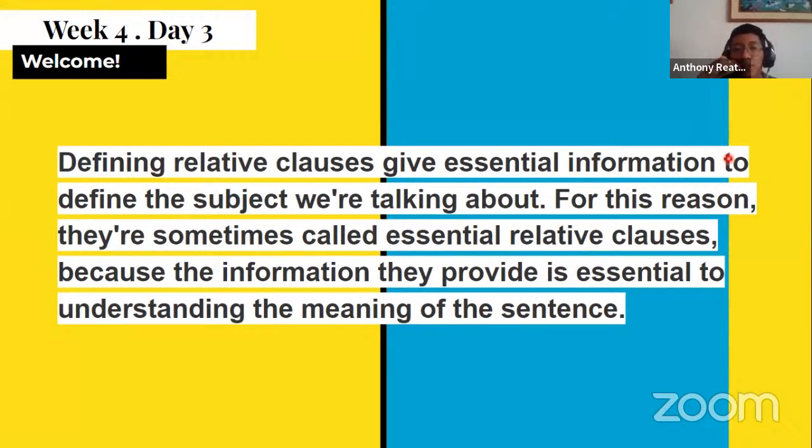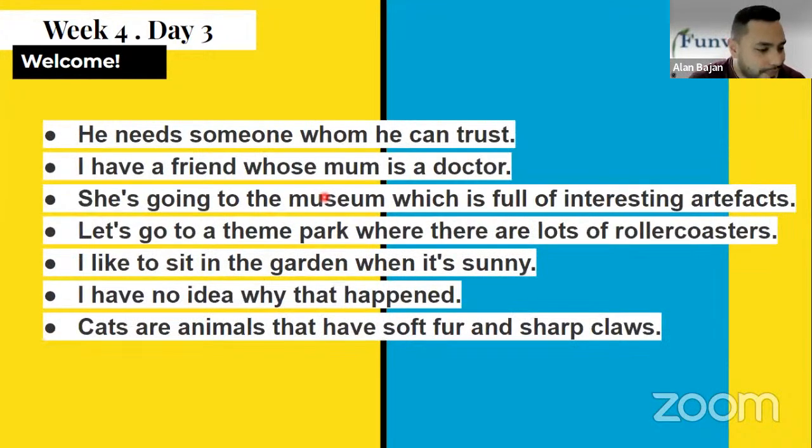For this reason, they are sometimes called essential relative clauses because the information they provide is essential to understanding the meaning of the sentence. Very good. Repeat in your houses. Defining clauses.